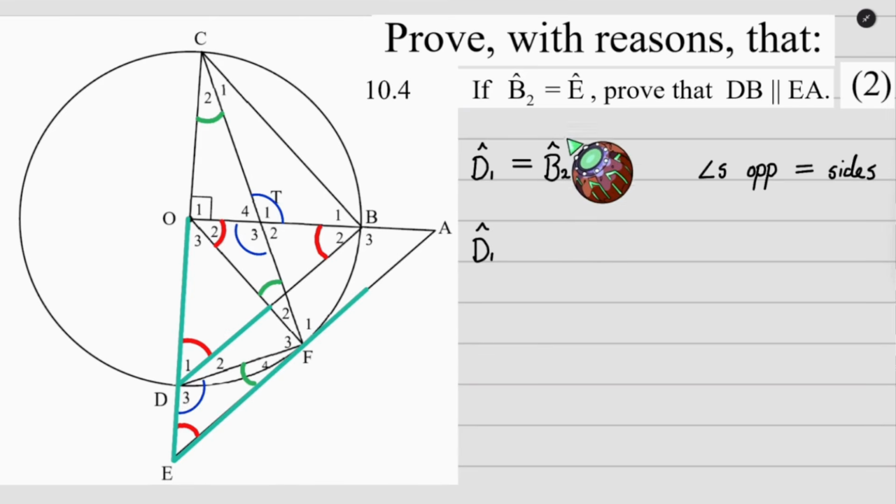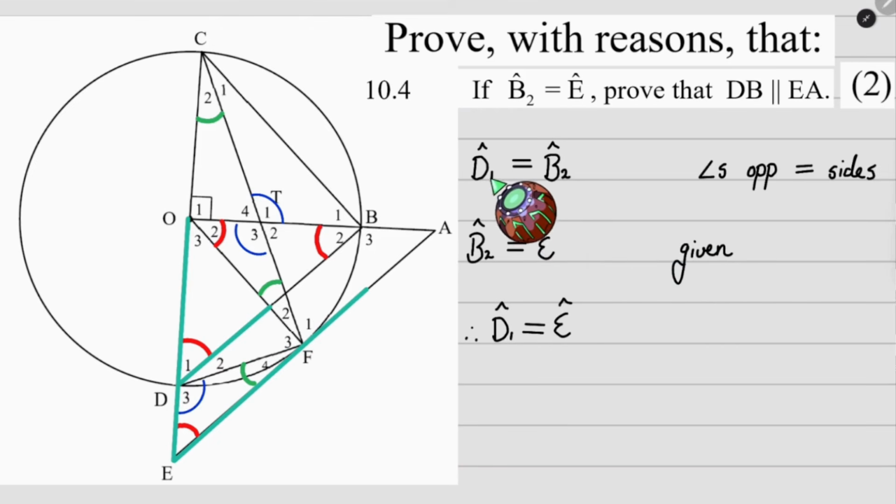So previously they told us that B2 is equal to E. So I've actually got to state that with the reason of given. And since D1 equals B2 and B2 also equals E, it stands to reason that D1 must be the same as E. And now we can leap into the conclusion that DB is parallel to EA.